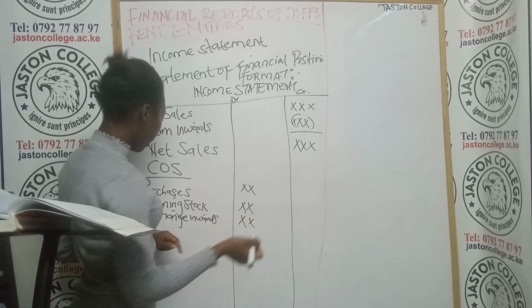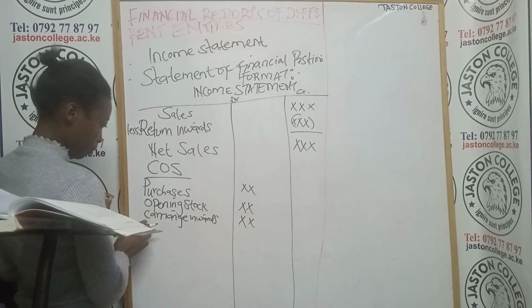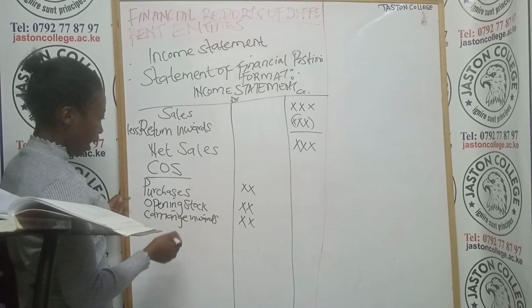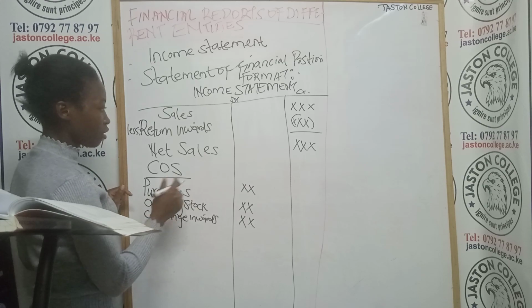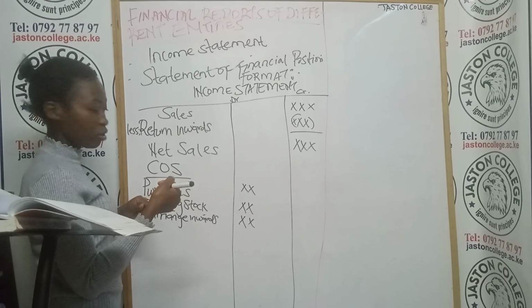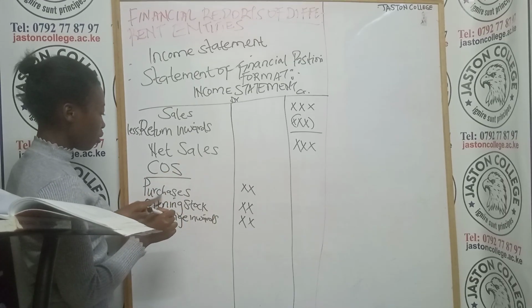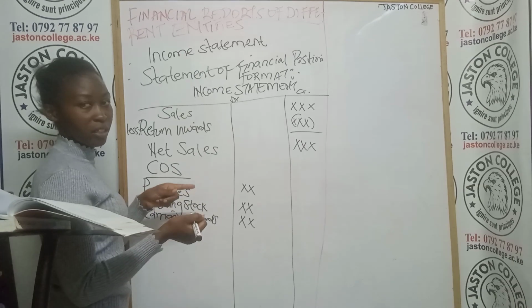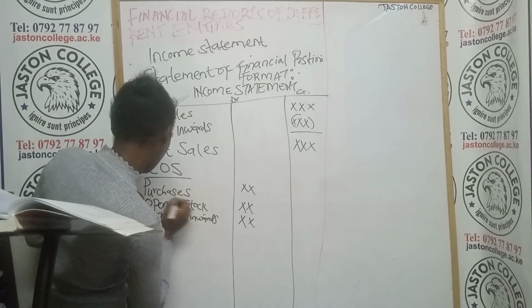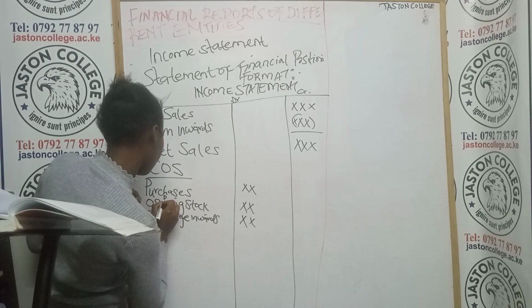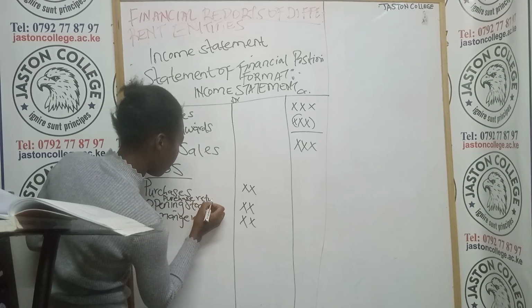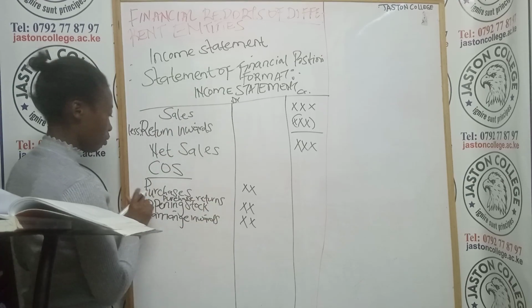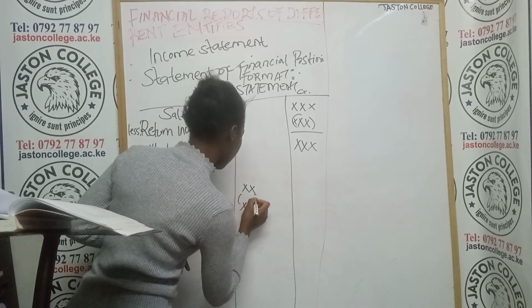Then, let's say we had some purchases that we bought but we did not like the items. So they are our purchase returns. We will less them to get our net purchases.